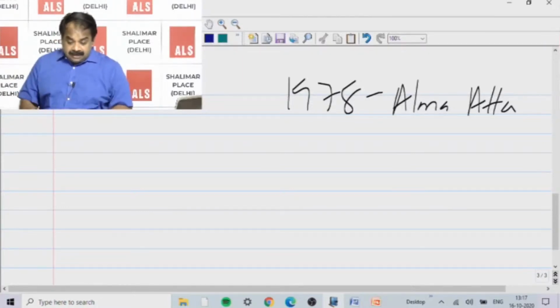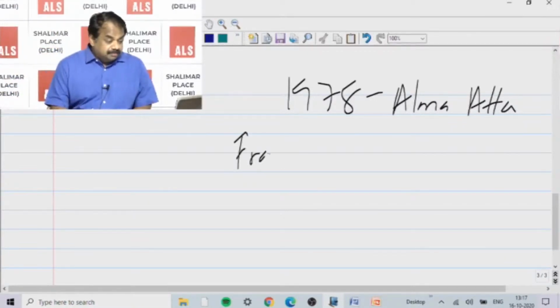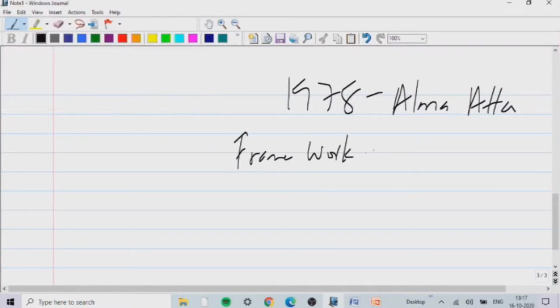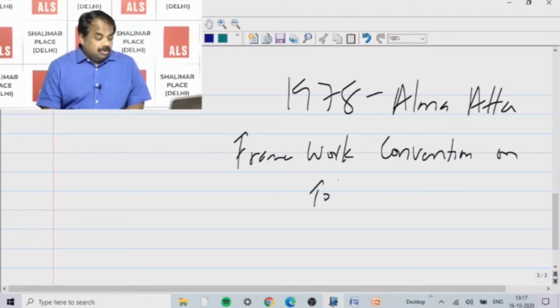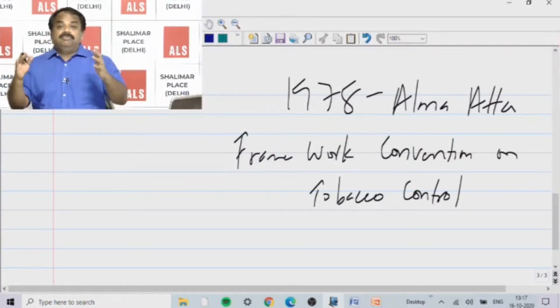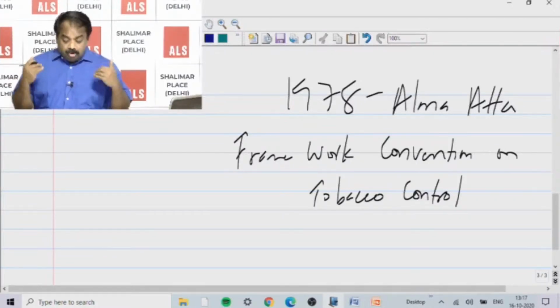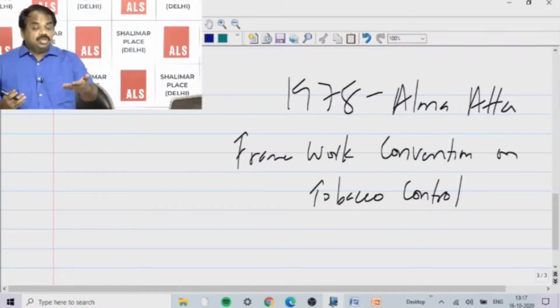And it has come out with the Framework Convention on Tobacco Control. This is the first and the only global treaty under WHO. The Framework Convention on Tobacco Control is the first and the only global framework against tobacco.